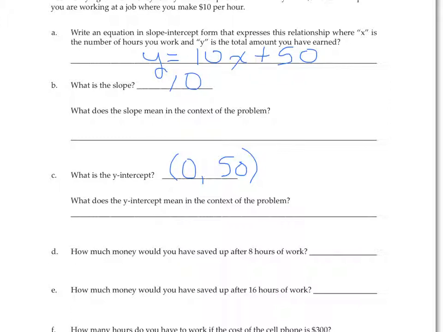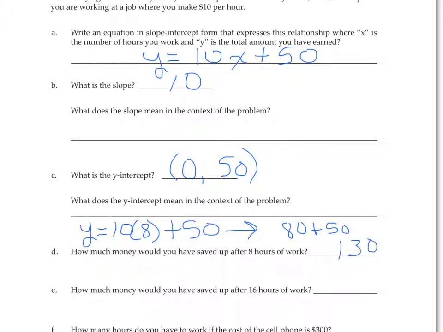How much money would you have saved up after 8 hours of work? So to figure that out, you put the 8 here. So that would be y equals 10 times 8 plus 50. And that gives us 80 plus 50, which is what? 130.